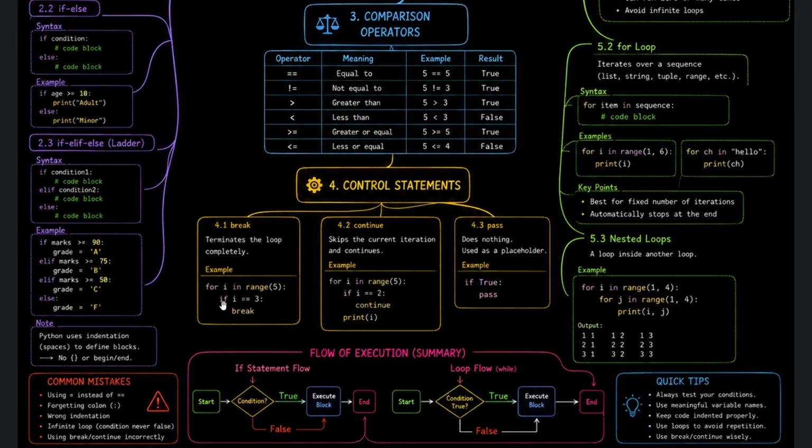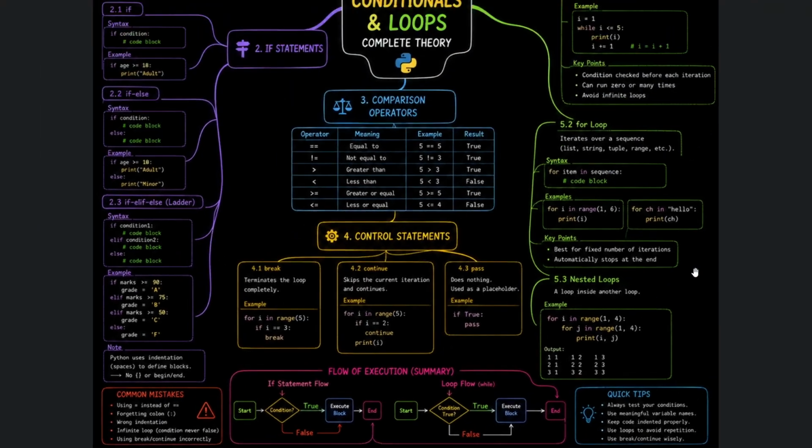For example, in this case, I moves from 1 to 5. So basically, the condition is true till I equals to 5. If it is true, the block of code is executed, or if it is false, another block of code is executed and it ends.